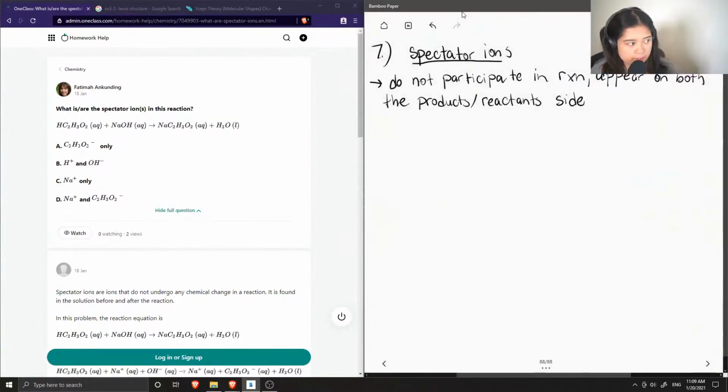Okay, so now let's try to find out the spectator ions in this reaction. So they have the full molecular reaction shown. So let me also write it out. The molecular equation: HC2H3O2 aqueous plus sodium hydroxide.